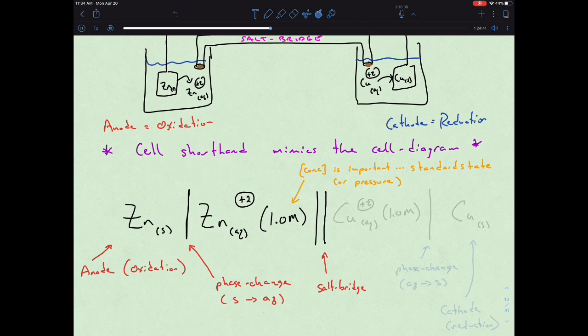And so what connects them is really that salt bridge, showing the dividing line between one side of the battery and the other side. And so now we go backwards, now we're really in the beaker.